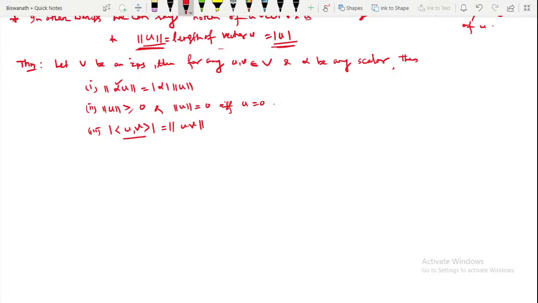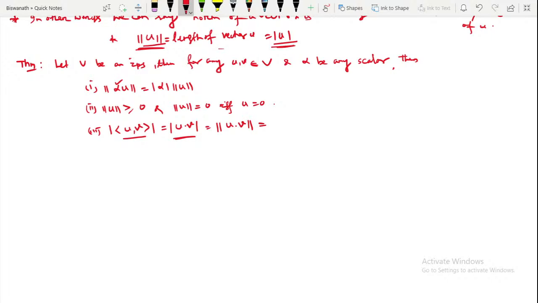So the mod of the inner product of u, v can be written as the norm of u dot v, and this is just the norm of the inner product of u, v. Since u dot v is a scalar, whatever it may be, its modulus or norm is just its length.